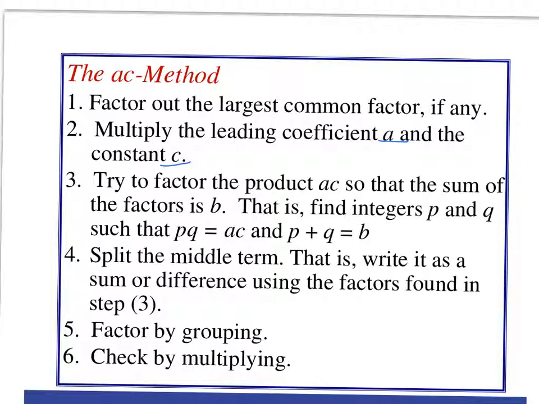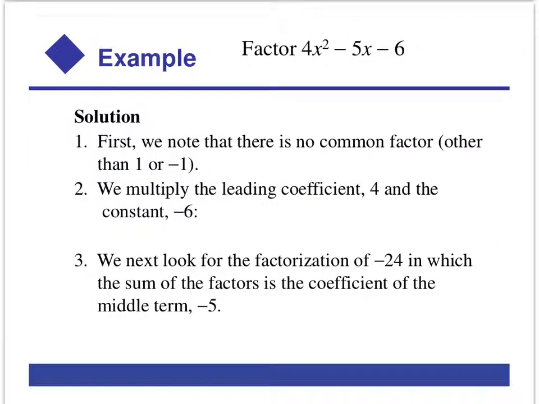We're going to split the middle term, and we're going to rewrite it, and then we're going to factor by grouping. And we've already done some of the factoring by grouping. So just bear with me. So, for example, we have 4x squared minus 5x minus 6. First, we note that there is no common factor other than 1 or negative 1, so you can't take anything else out.